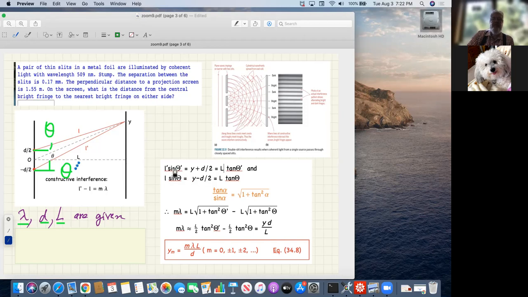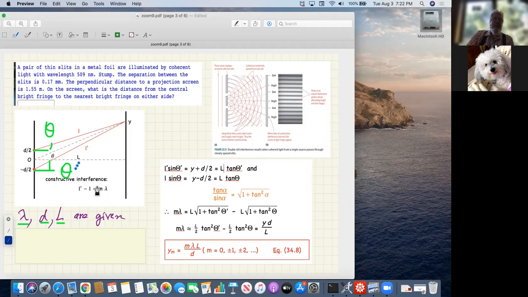So L sine theta, sorry, L tangent theta prime is y plus d over 2. And L prime sine theta prime, so that's y plus d over 2 divided by the hypotenuse times L. That's L sine theta prime. That's this one. L prime, that's the hypotenuse for the lower triangle. Sine theta prime.